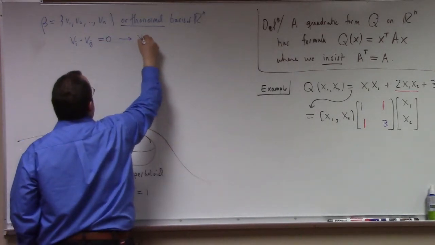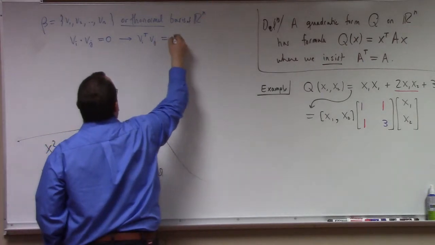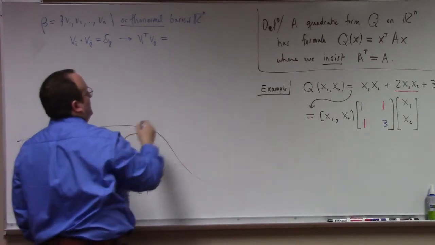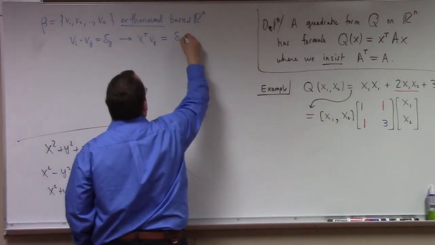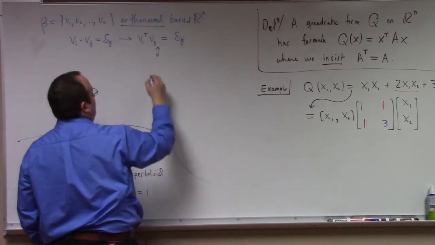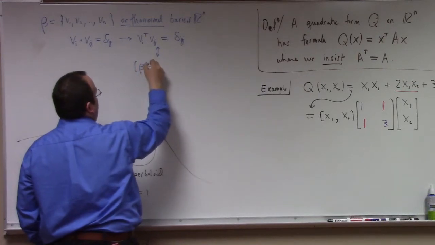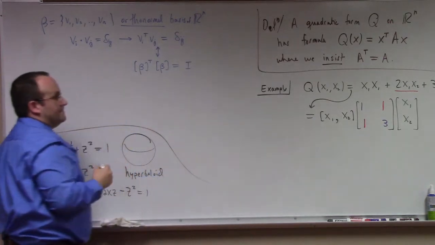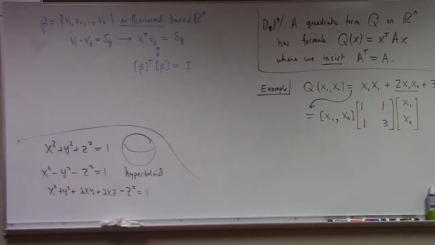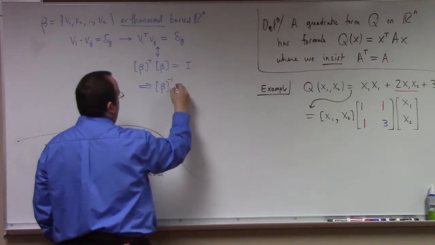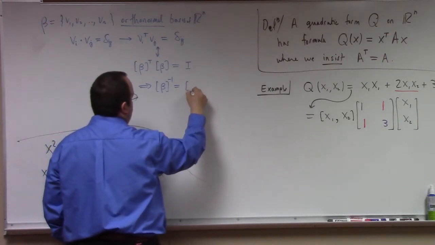Which tells me that vi transpose vj is equal to, not 0, come on, the Kronecker delta ij. Translating this into a statement about the basis matrix, this says that the basis matrix transpose times the basis matrix is equal to the identity matrix. To which we say, yay, because this says that the inverse of the basis matrix for an orthonormal basis is just the transpose.